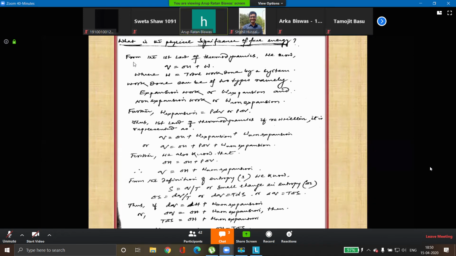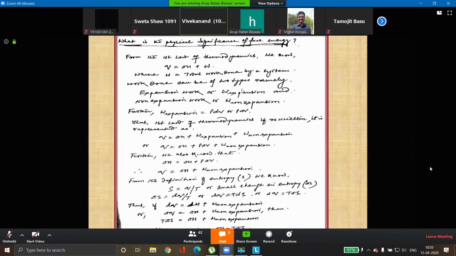Now coming to the physical significance of free energy. Again, I have written that from the first law of thermodynamics, we know that Q equals delta U plus W, where W is the total work done. Work done can be of two types, namely expansion work, which we write W expansion, and non-expansion work, which we write W non-expansion. Non-expansion, remember, is always a useful work, where the delta G becomes negative.